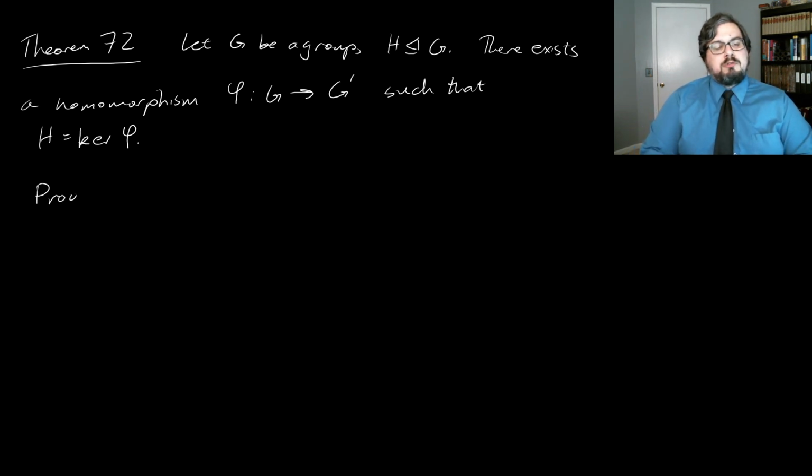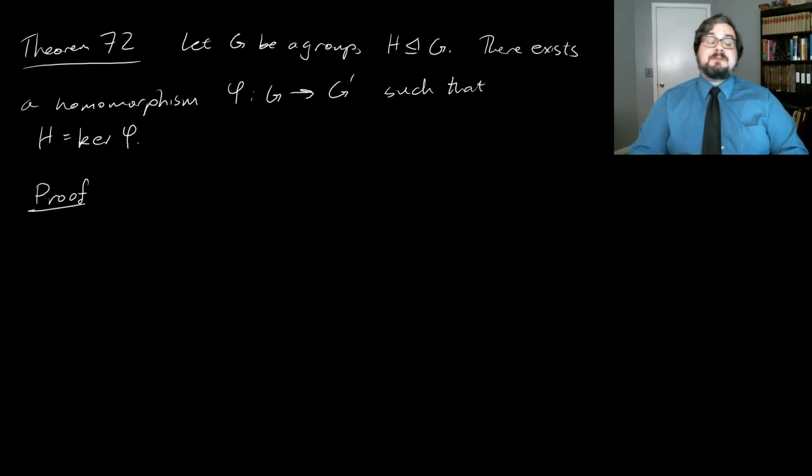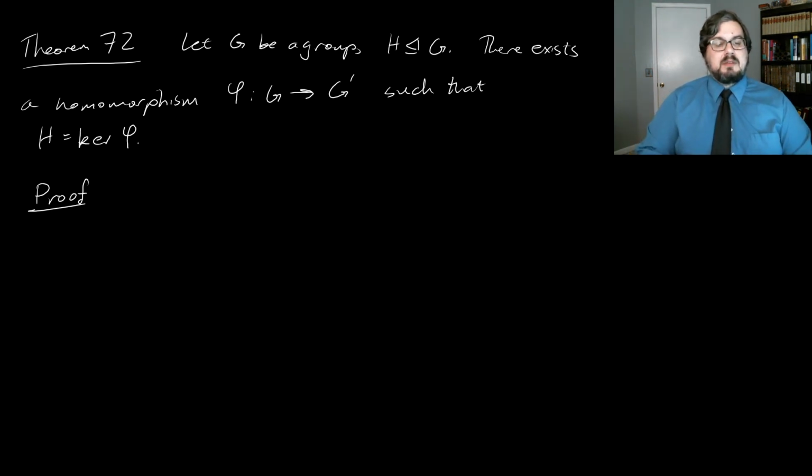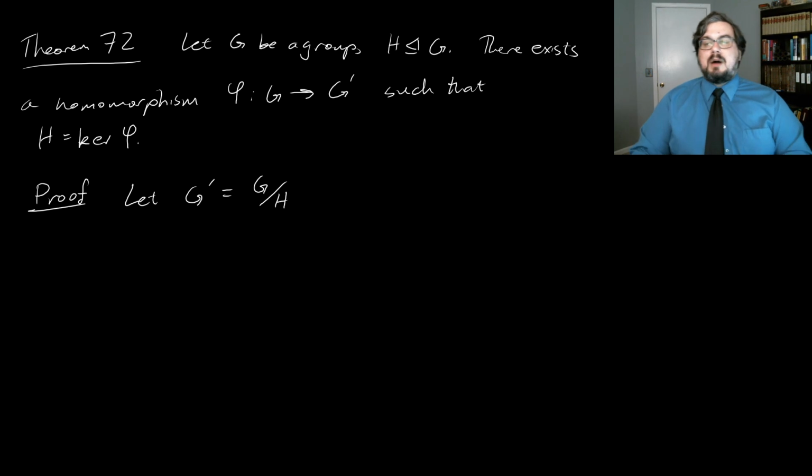So to prove this, this proof is more satisfying than some of the ones that we have, because we are going to get to construct this homomorphism very, very explicitly. We're going to say let G prime be the factor group G mod H. We know we can do this because we've assumed that H is a normal subgroup of G. Therefore, we can form the factor group G prime.